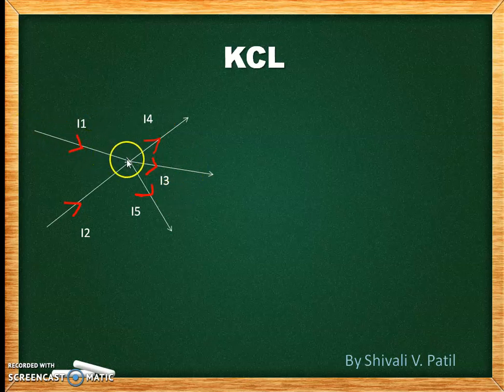The current flowing through the first conductor is I1, then I2, I3, I4 and I5 respectively as shown in the figure. I1 and I2 are incoming currents and I3, I4, I5 are outgoing currents.